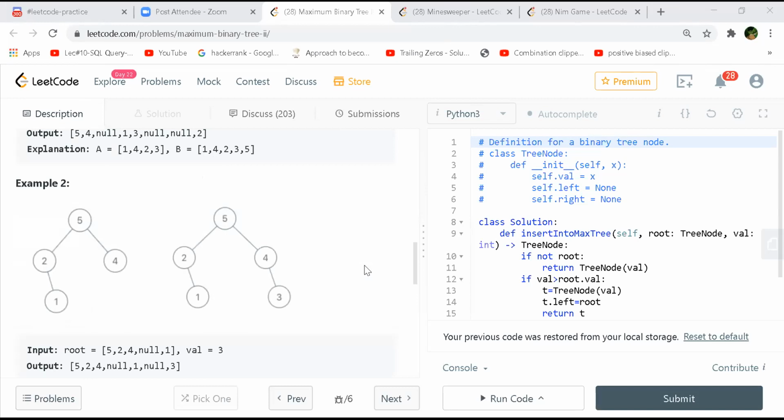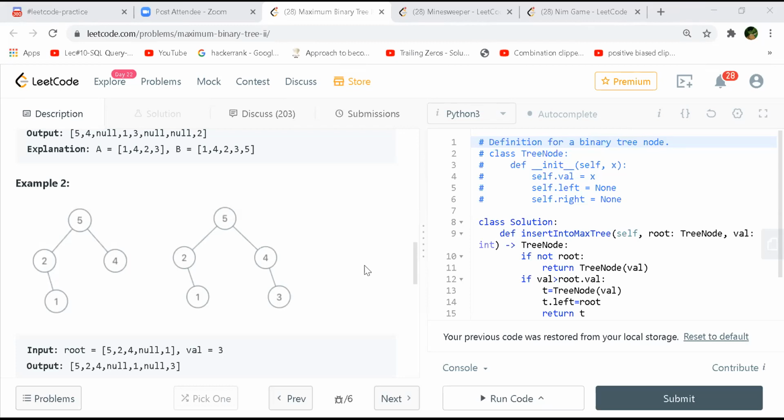In this case, your 3 is not greater than 5. So you know that 3 will be somewhere on the left or right, but they prefer to choose the right side.